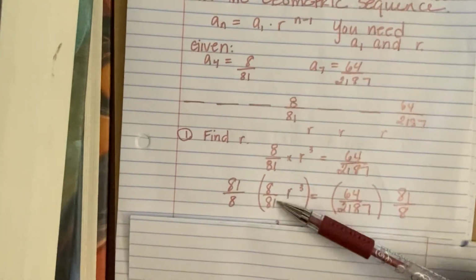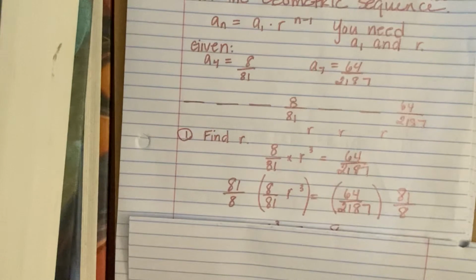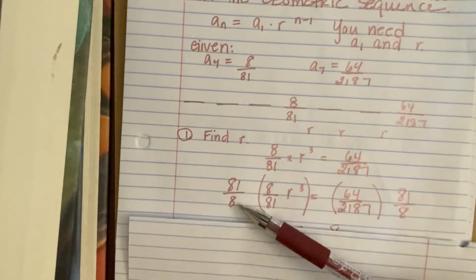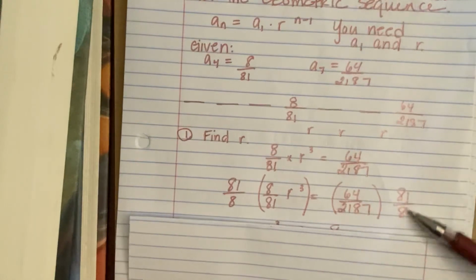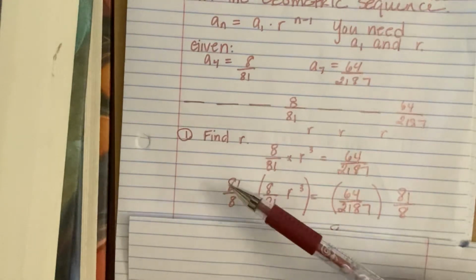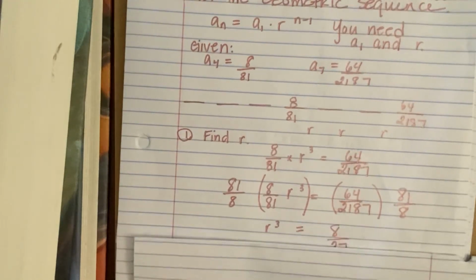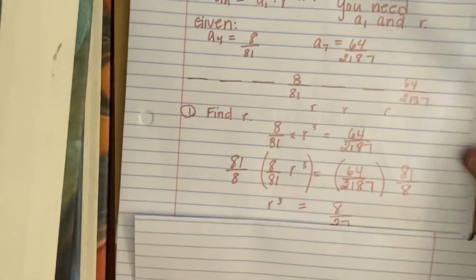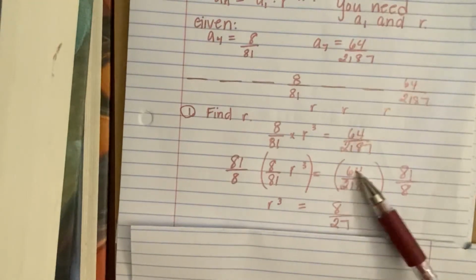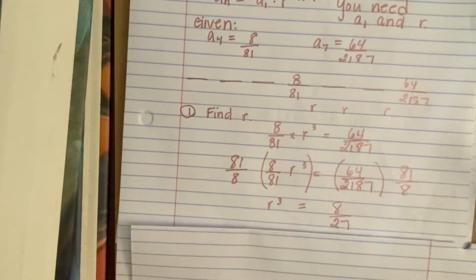If I want to get rid of this fraction here, I can multiply both sides by its reciprocal. So I'm going to multiply by 81 over 8 here and here. Okay, so the 81 over 81 would cancel, and the 8 over 8 would cancel. So we're left with r cubed. And if you put this into your calculator, you're going to get 8 over 27.